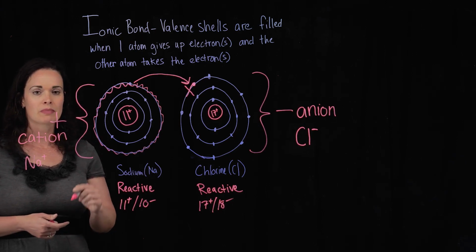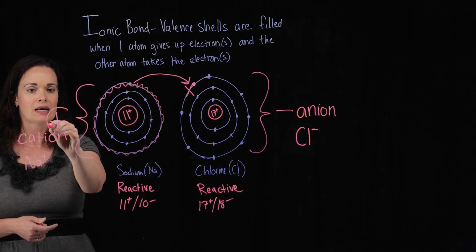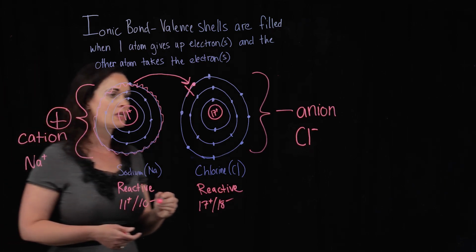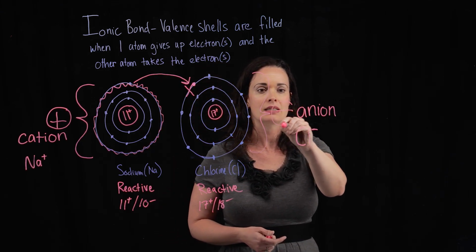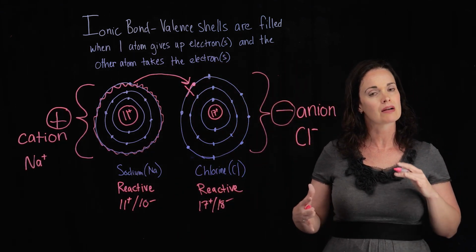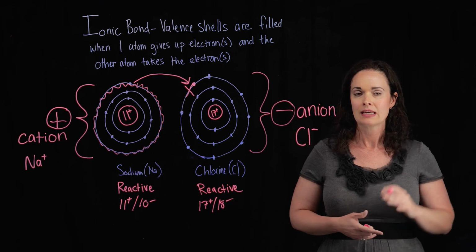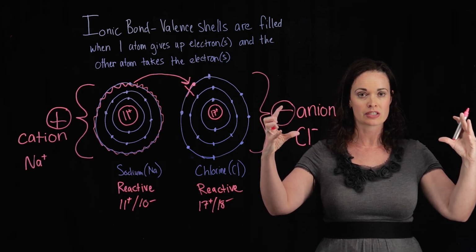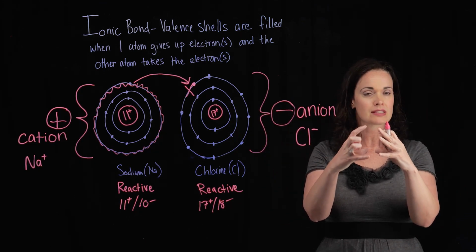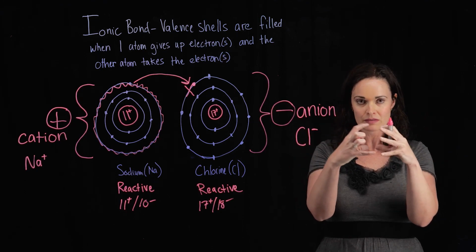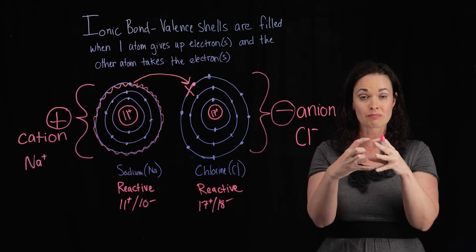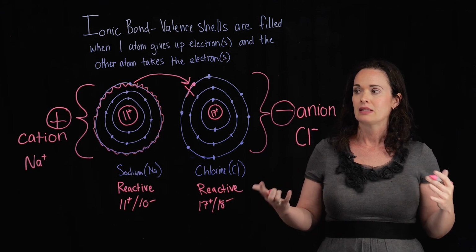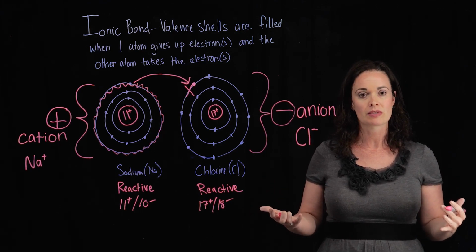The other thing that happens, because we have a positive charge on the sodium and a negative charge on the chlorine after they've exchanged these electrons, is that these positive and negative charges attract each other. It's just like magnets, where positive and negative attract and bind two magnets together. This also binds the sodium and the chloride together.